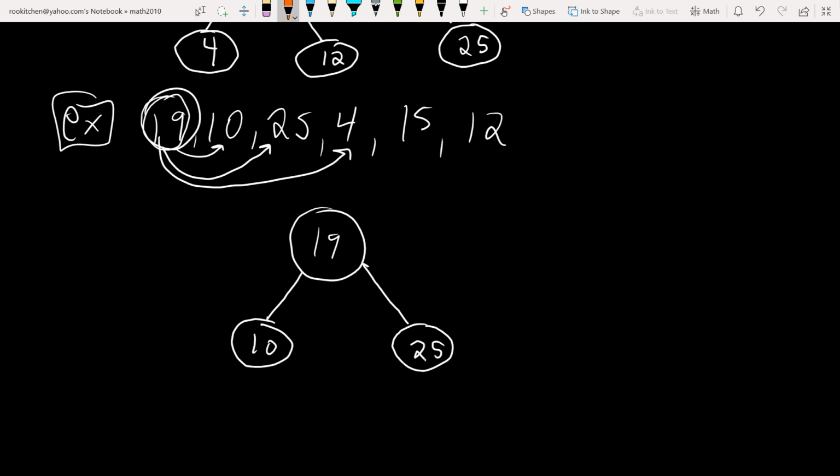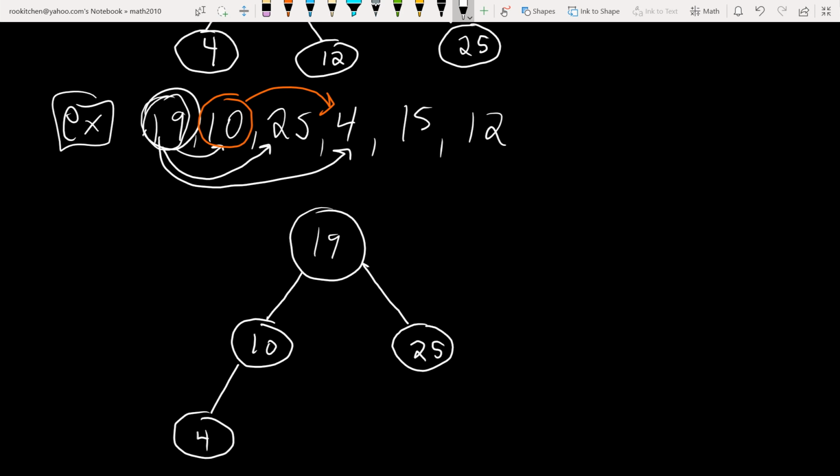There's already a vertex there, so 10 becomes the new comparator. I compare 10 to 4, and 4 is less than 10, so I go to the left and deposit 4 right there, and then I'm done. I jump back out of the loop, back to 19.